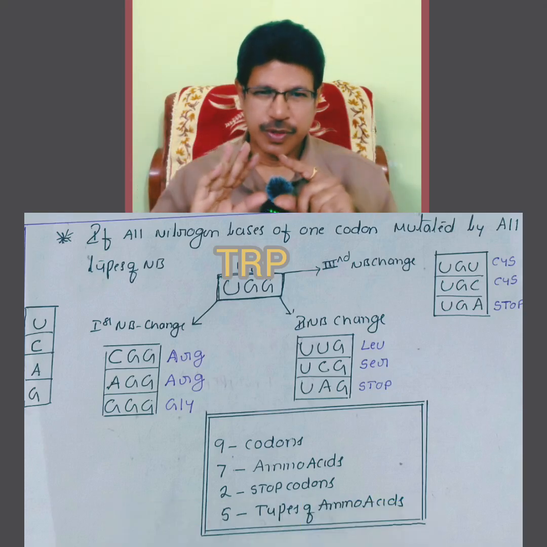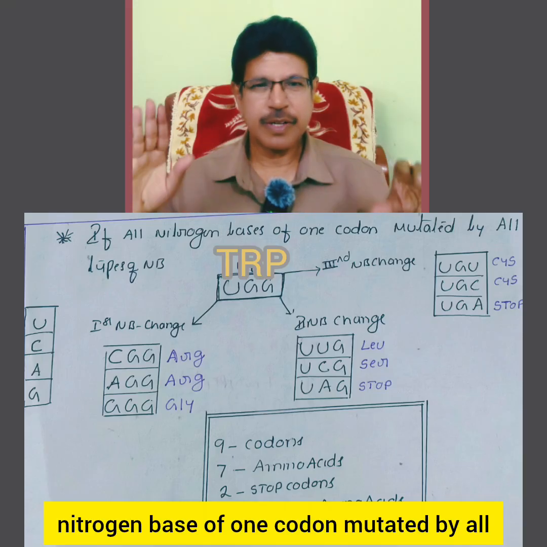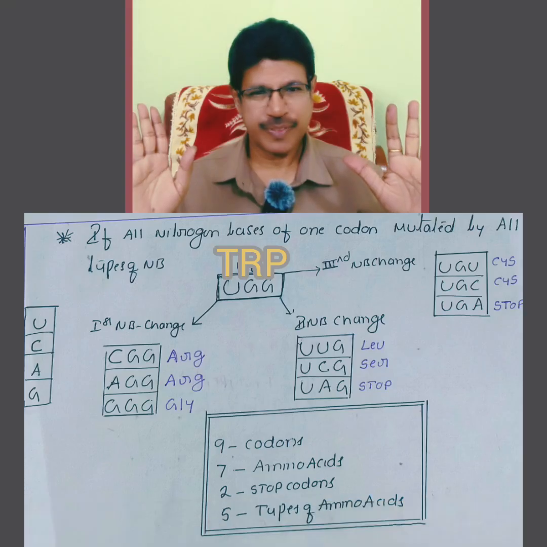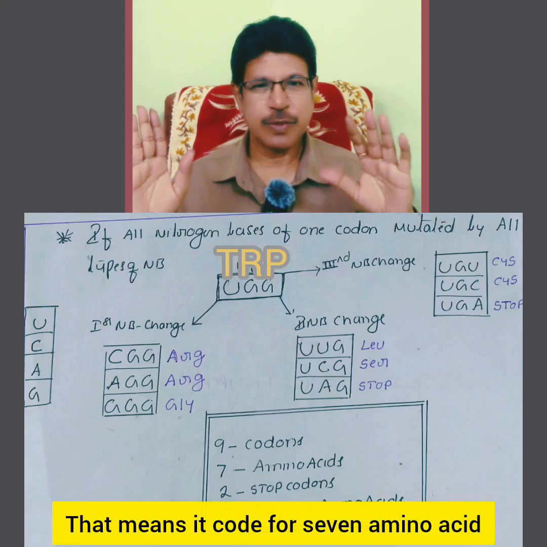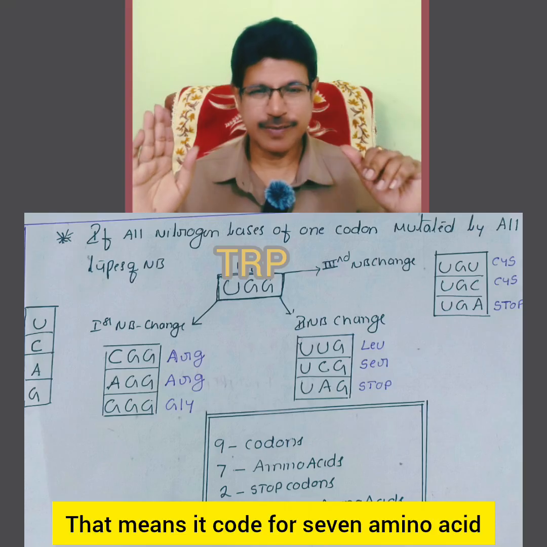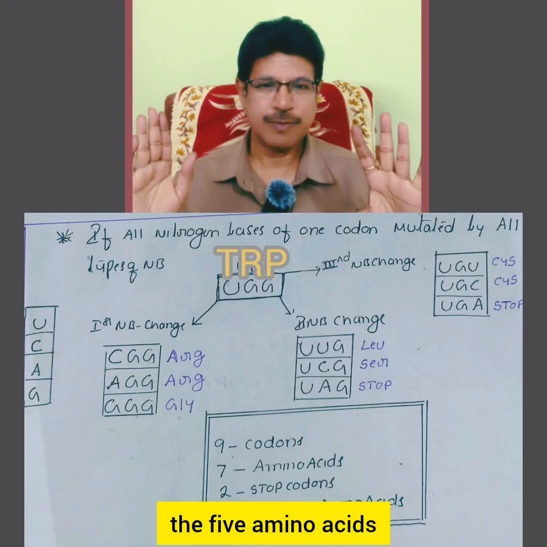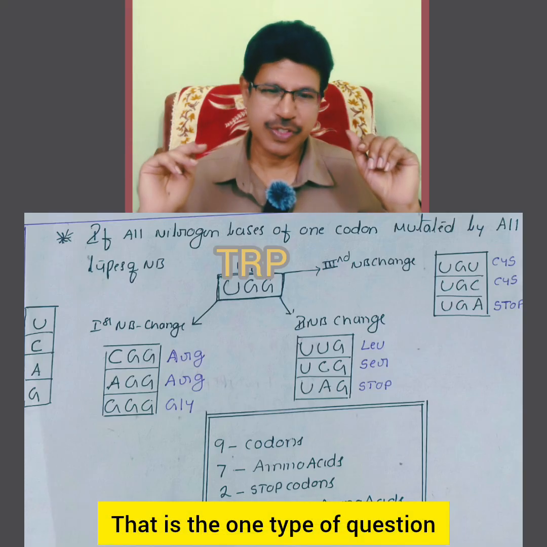So mutating the nitrogen bases of one codon by all types of nitrogen bases results in 9 codons. Among the 9 codons, 2 are stop codons. That means it codes for 7 amino acids. That is one type of question.